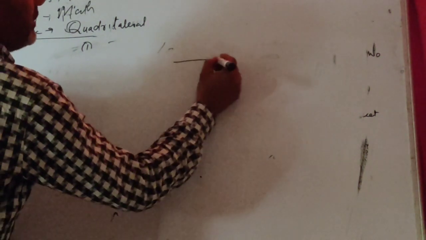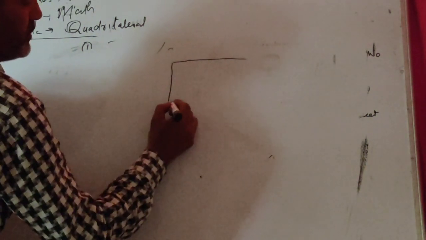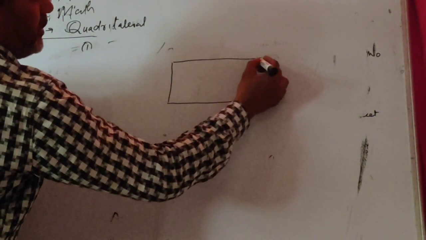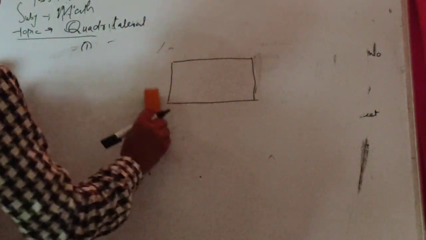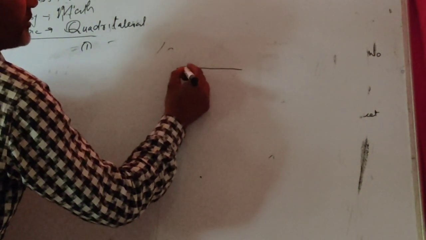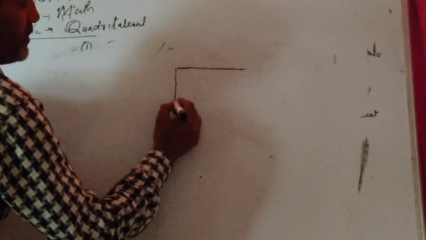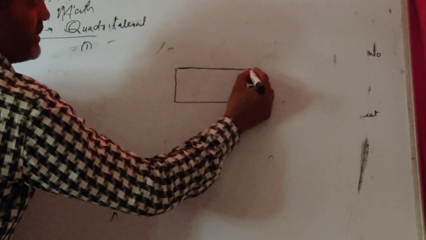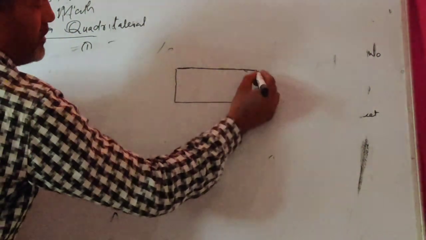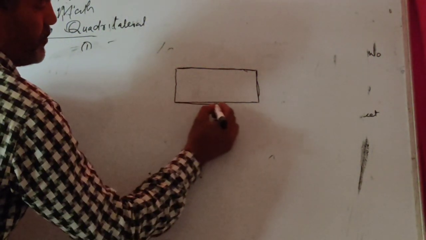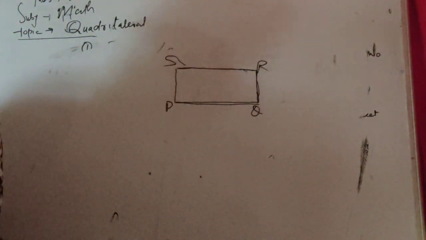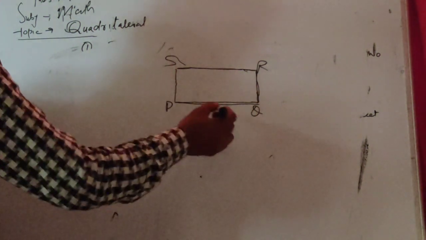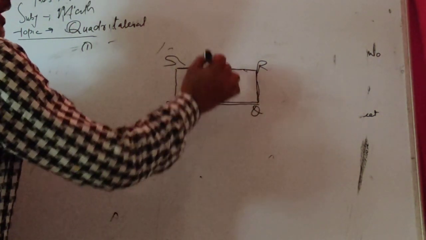If we have a rectangle, say if ABCD is a rectangle, draw it using your scale. Say PQRS is a rectangle, opposite angles are equal, all angles are equal, opposite sides are equal.